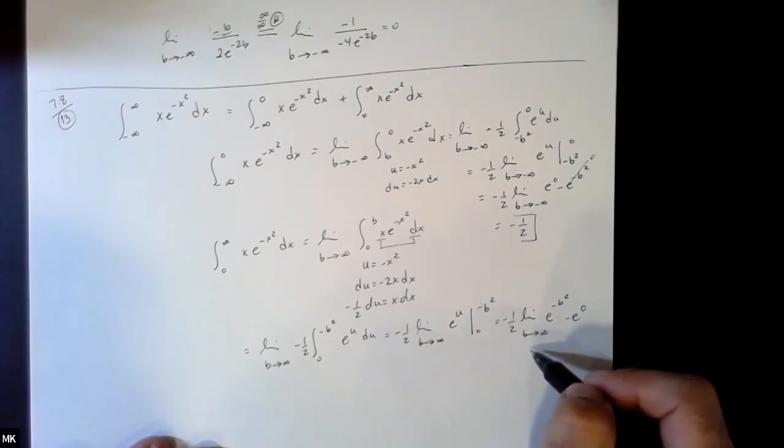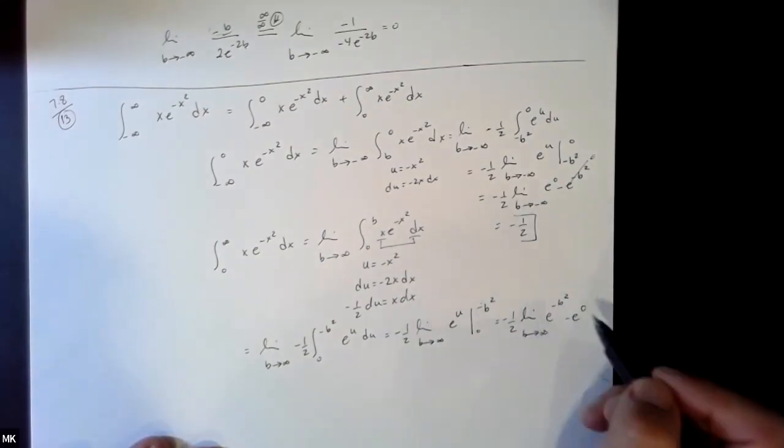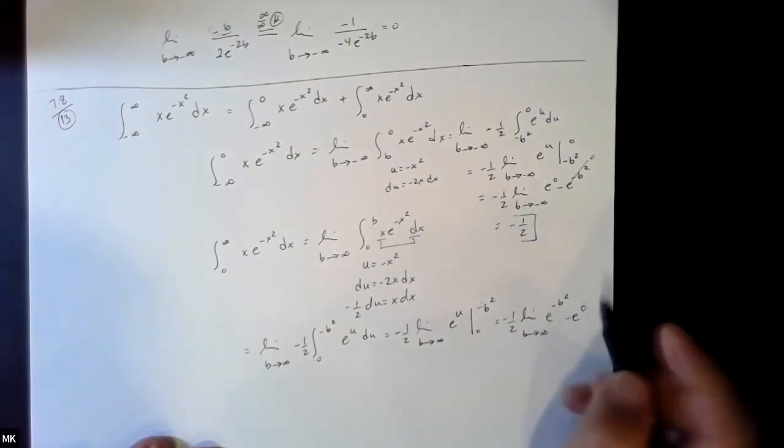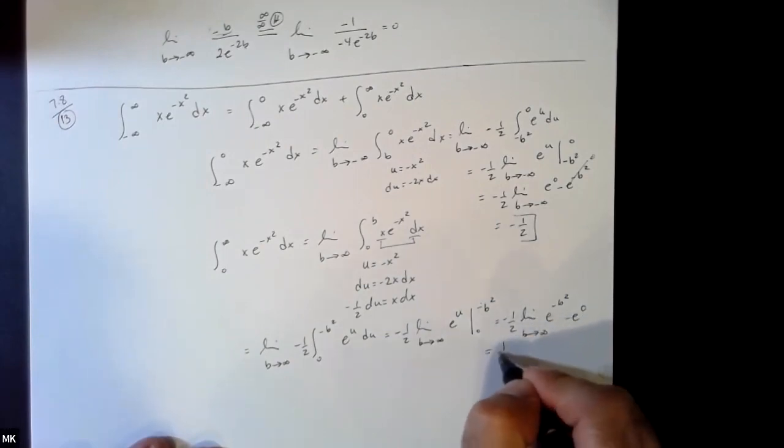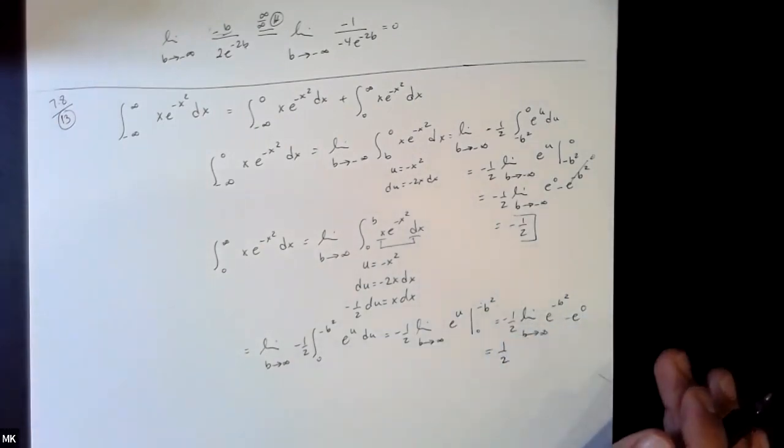E to the negative b squared as b goes to infinity is going to go to 0. E to the 0 is 1. So negative 1 and negative 1/2 is 1/2.